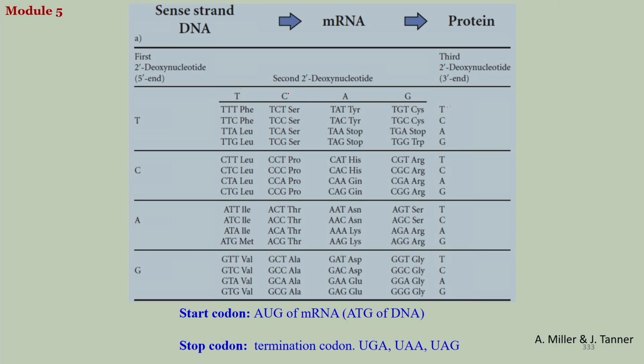Similarly, when you take C, then T C would be common for all, and then it will vary in the third nucleobase. Same as this, T A would be common, T A T, T A C, T A A, T A G. G here, T G T, T G C, T G A, T G G. So, that makes 4 into 4 combinations.